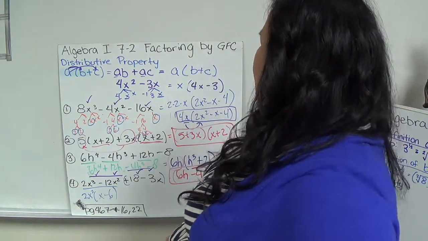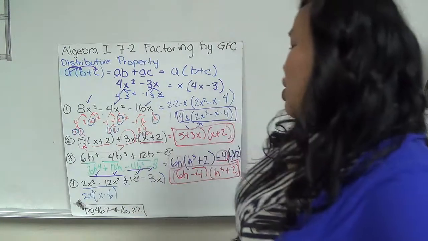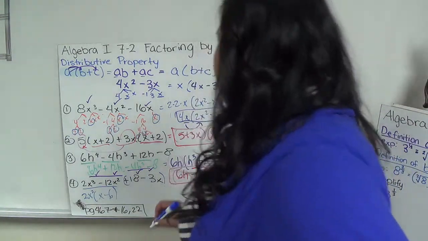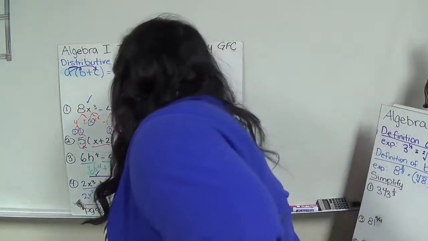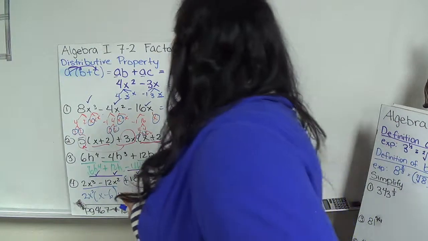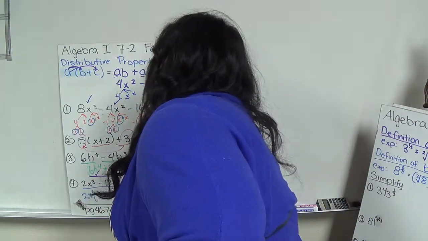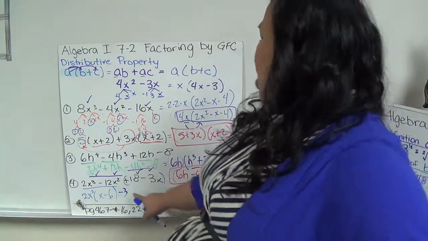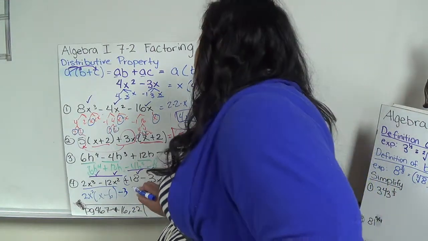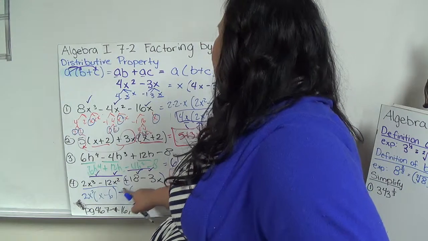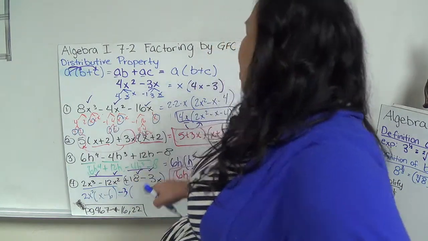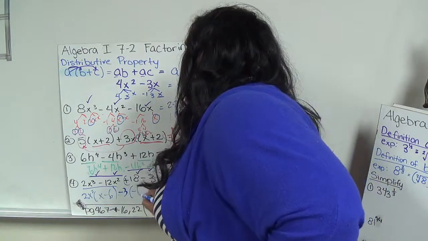Now I'm going to do it from here. I have to decide positive or negative. I'm going to take out a negative 3. Here's the reason why. If I take out a negative 3 from 18, I do 18 divided by negative 3, because I'm working backwards, I'm not multiplying. 18 divided by negative 3 gives me a negative 6.